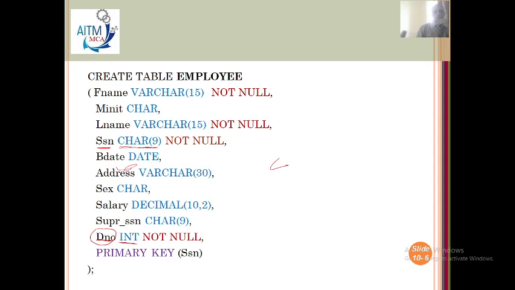Okay. So when you create this employee table, how will the employee table be? Employee. Okay. Here F name, M init, last name, then SSN, address. I'm not going to write completely here because of shortage of space.